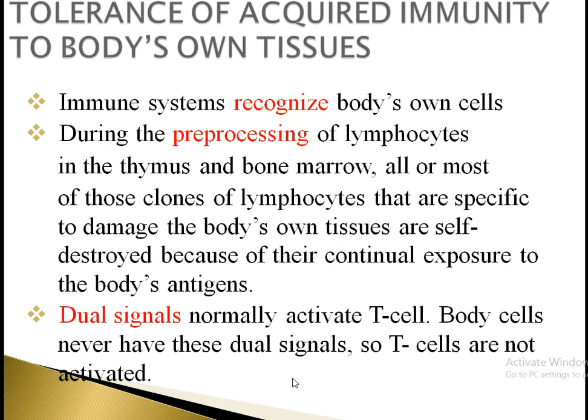In this way, our own healthy body tissues are prevented from being engulfed by the action of these B lymphocytes and T lymphocytes. They are spared, and only the infective tissues are killed.